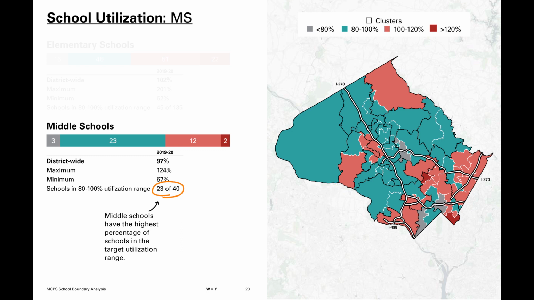Only 23 of the 40 middle schools in Montgomery County fit within the target utilization rate of 80 to 100%. That means almost half of the schools in Montgomery County are either underutilized or overutilized, many of which on the middle school level are overutilized.